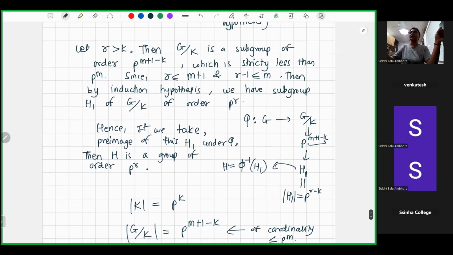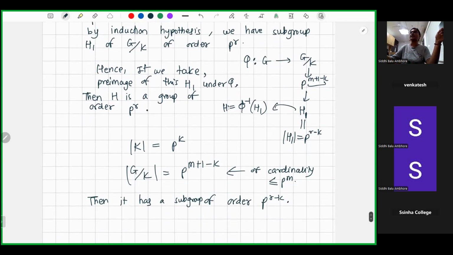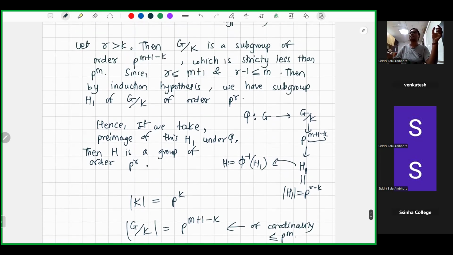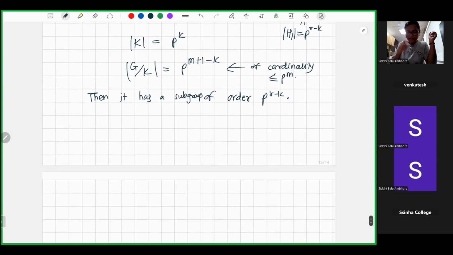And p power k plus the group of order r minus k gets added, and we get a group of order p power r here. And this r is now strictly greater than k. Is this okay?